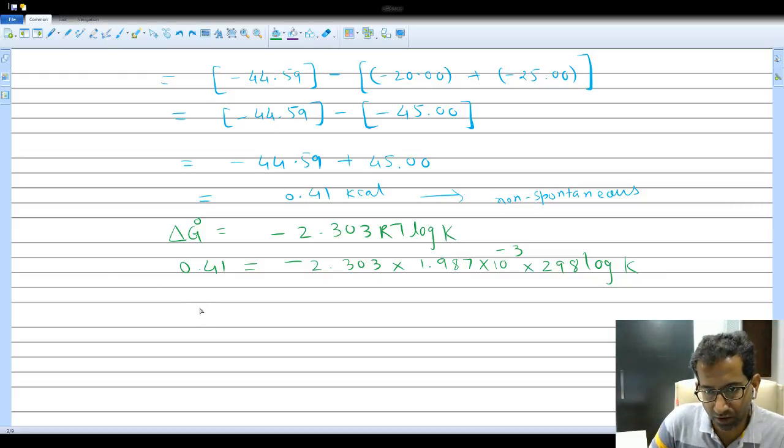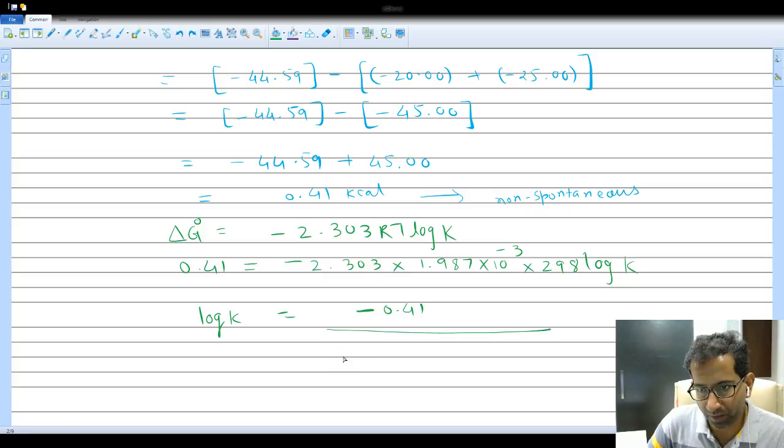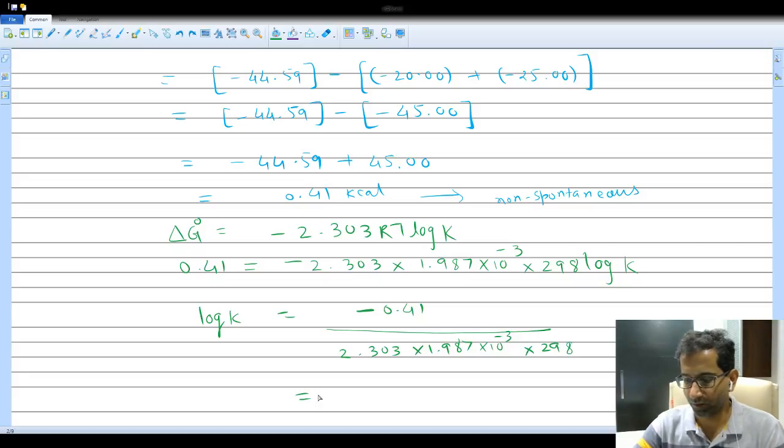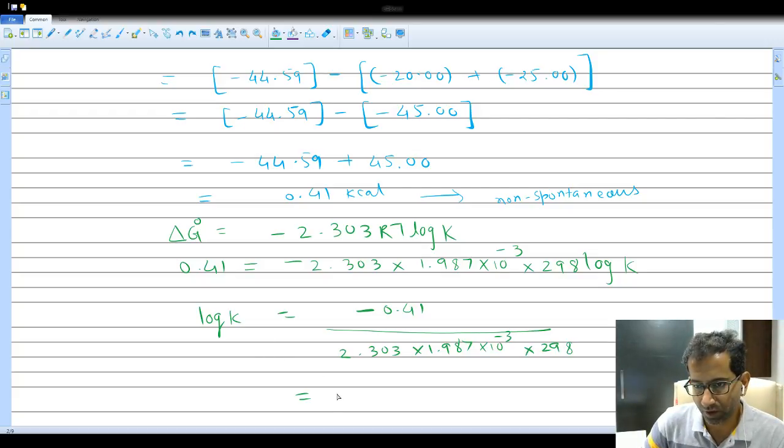So simplifying these, log K equals minus 0.41 divided by 2.303 into 1.987 into 10 raised to minus 3 into 298, simplified as 0.3007.